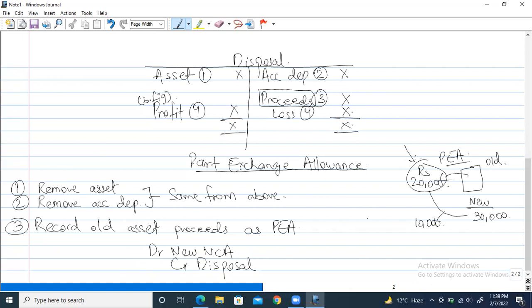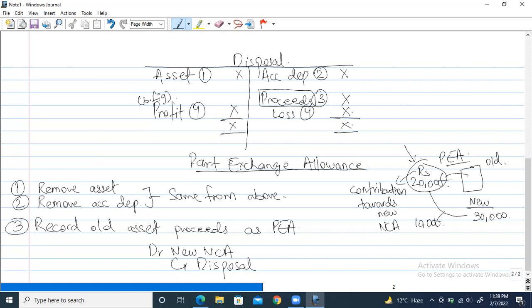It's a basic logic that if I'm paying 10,000 extra for a 30,000 rupees mobile phone, this 20,000 is contributing to my new phone as well, right? Maybe he allowed the 20,000 as a discount, or he first gave me the cash and then I added 10,000 from my own pocket, then it became 30,000. So this 20,000 also has a contribution towards the new non-current asset. This is the thing that we are applying in step number 3. We are not receiving any cash.